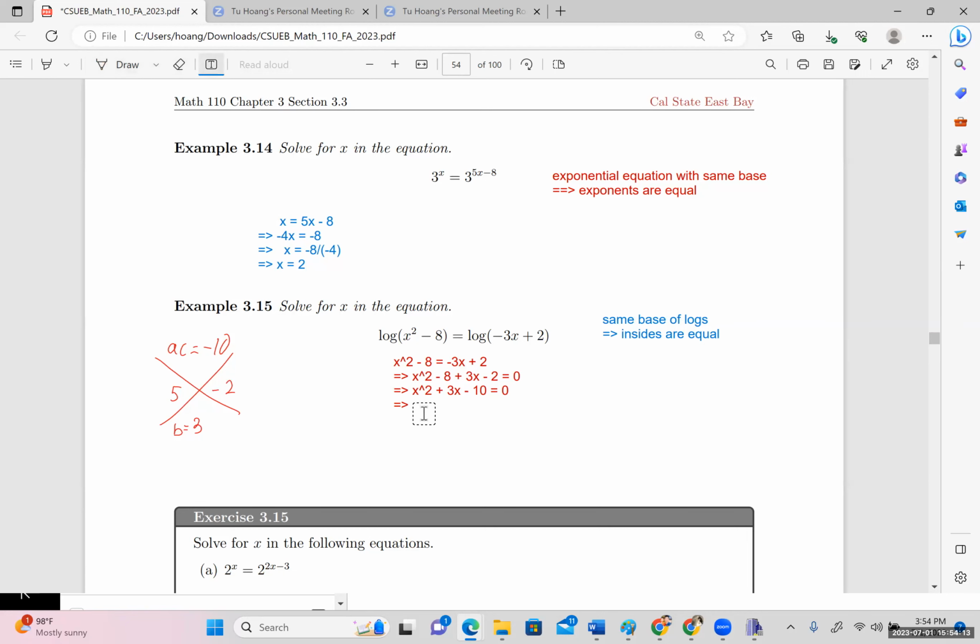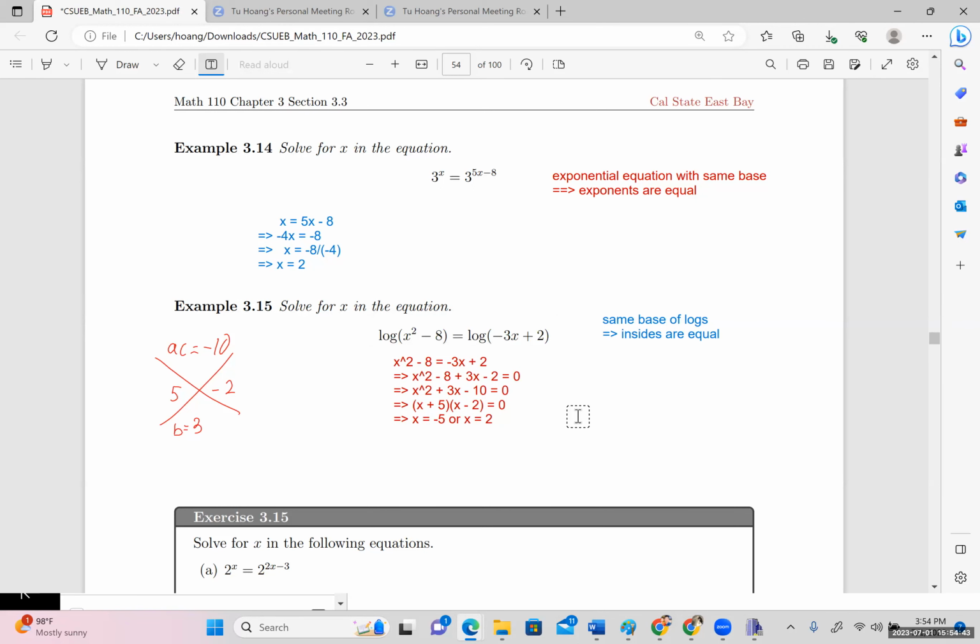A in this case is 1, so that gives us x plus 5 and x minus 2 equals 0. And by factoring, I'm going to have x equal to -5 or x equal to 2 as the answer for this one. Okay.